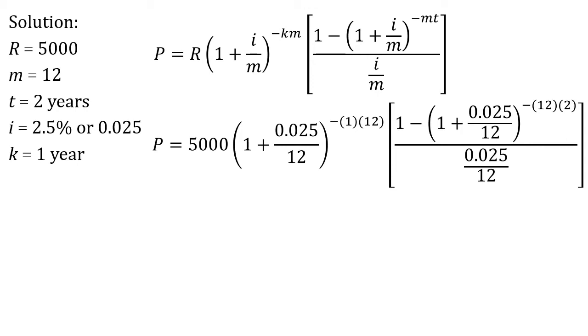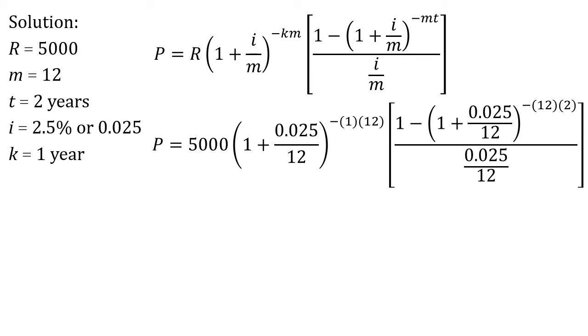We'll have P equals 5,000 times 1 plus 0.025 over 12 raised to negative 1 times 12 times 1 minus 1 plus 0.025 over 12 raised to negative 12 times 2 all over 0.025 divided by 12.